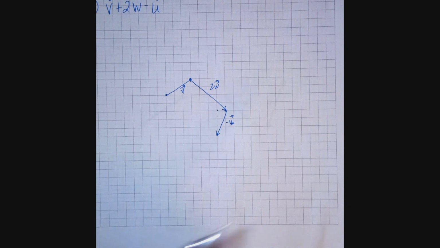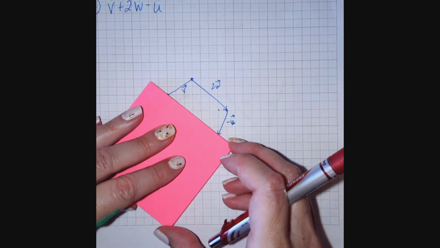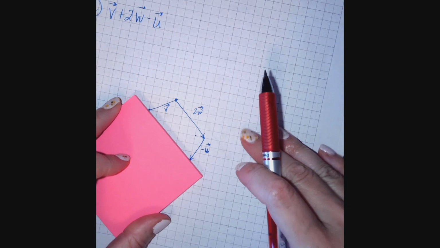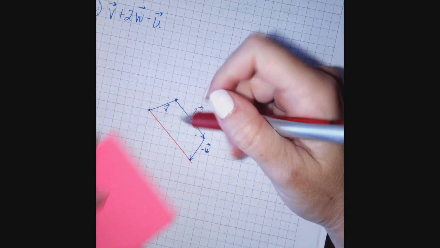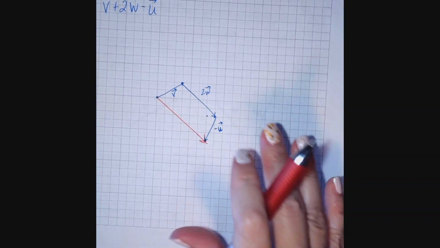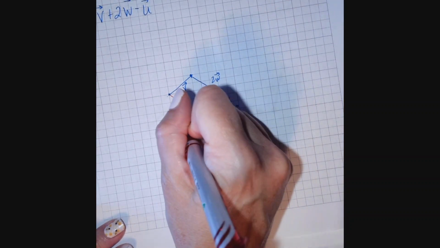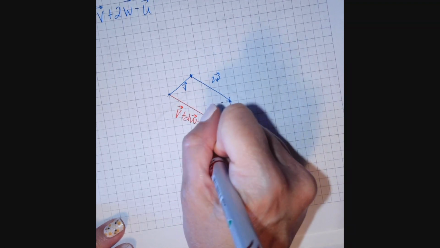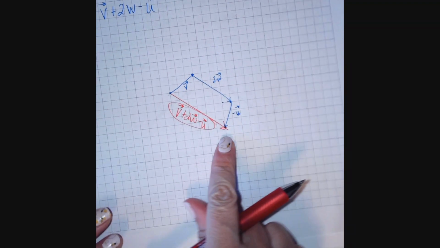So from my very beginning point to my final end point, point of termination, this is vector v plus 2 times vector w minus vector u. That's this vector right here.